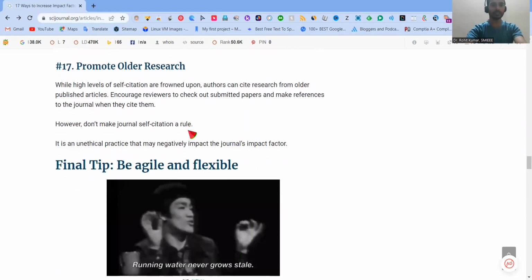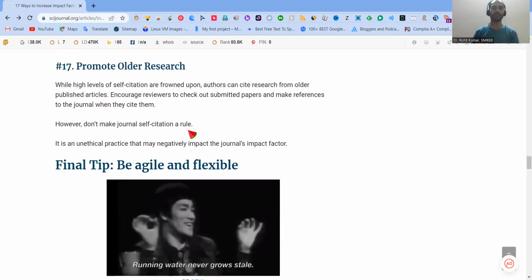Coming to the last point, promoting the older research. Some of the journals usually promote their older research also, because many readers remain interested in the starting research only. Whenever you start research in a particular domain, that domain might have some specific niche points which are not coming into focus in new publications in the journal.